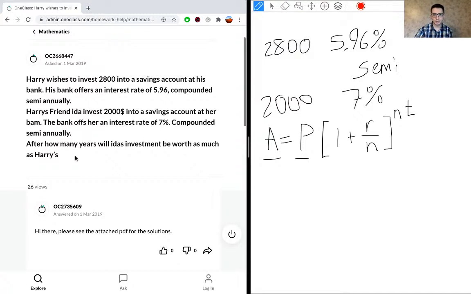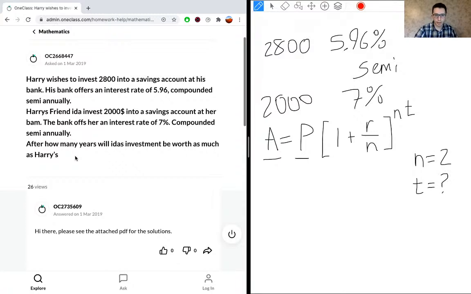So because T is represented in years, we know that semi-annually gives us N equals 2, because for each year, the amount is compounded twice. And then T is what we're trying to solve, because that's what the question is asking.